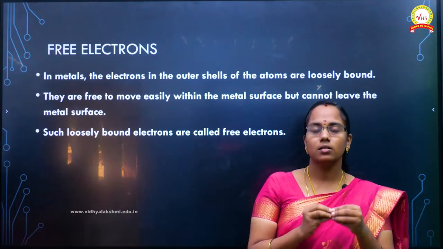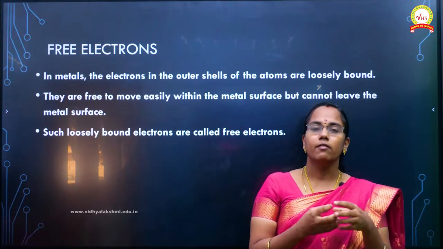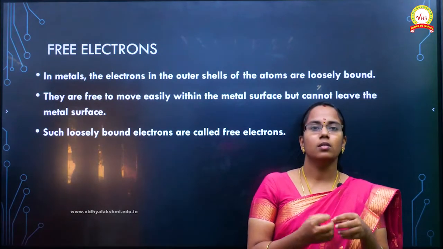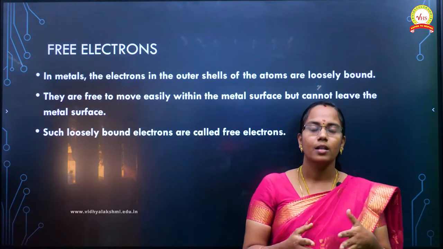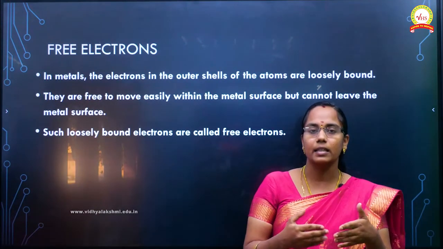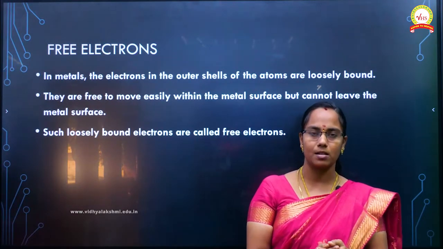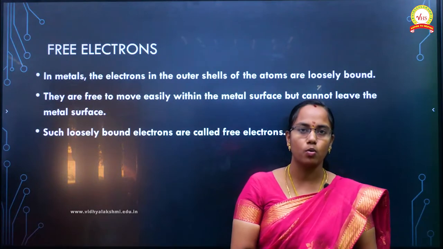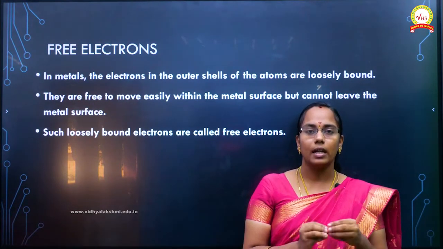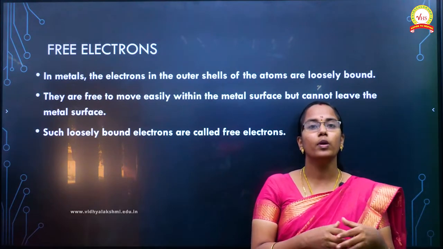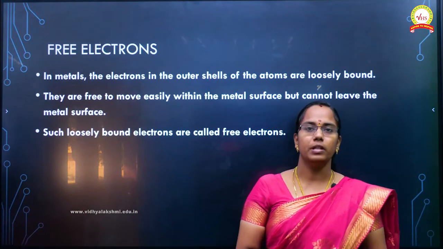Now there are certain electrons which are loosely bound to the nucleus. They are pulled by the protons, that is, the positive charge of the nucleus, but they are loosely bound. They can easily move around the metal surface, but they cannot escape out of it. Those loosely bound electrons are known as free electrons. The electrons which are capable of moving freely inside the metal are known as free electrons.